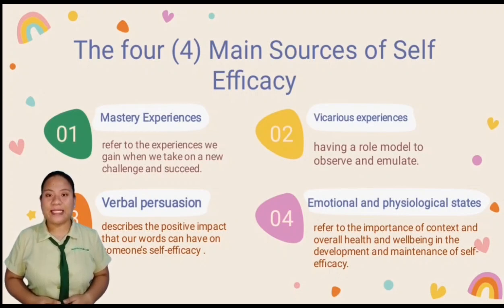Last but not the least, emotional and physiological states speak to how crucial context and general health and well-being are to growth and maintenance of self-efficacy. It's challenging to maintain a healthy level of wellness when you are dealing with anxiety, depression, or a major medical condition. While it's not impossible, it is unquestionably a lot simpler to increase your self-efficacy when you are healthy and well.